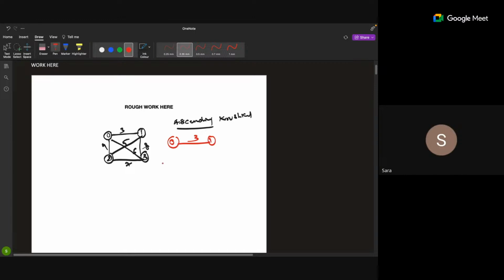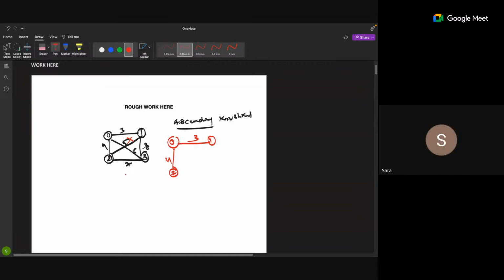Now the second edge we also select, no problem, because two edges between 3 vertices don't create a cycle. Now the third edge may be 1 to 2 or 2 to 3. If 1 to 2 forms a cycle, the edge 5 we are not selecting.